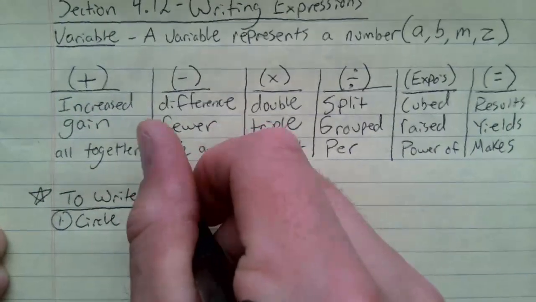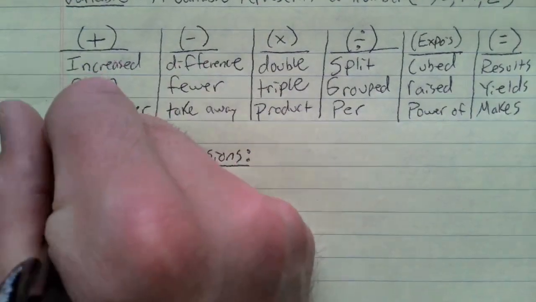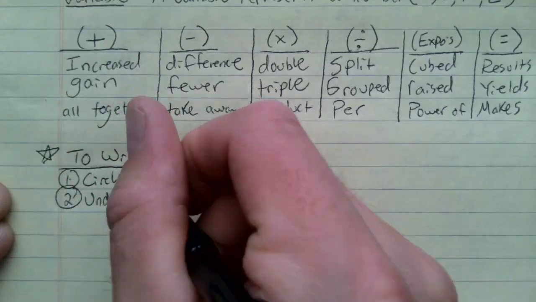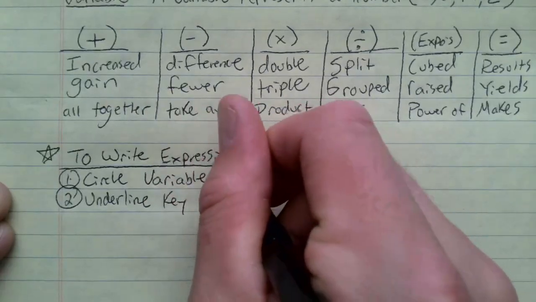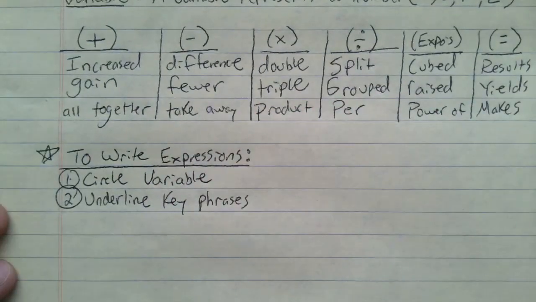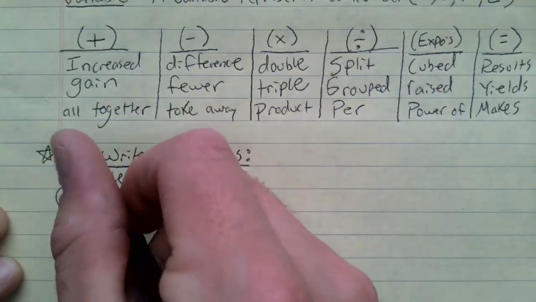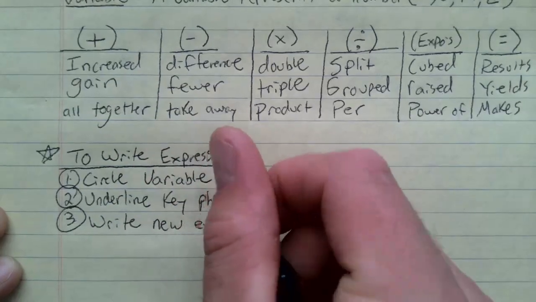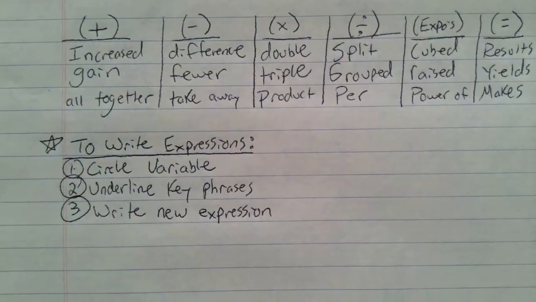Look for your variable in these situations and circle it. 2 is underline key phrases. Just underline them. And lastly, step number 3 is write a new expression.